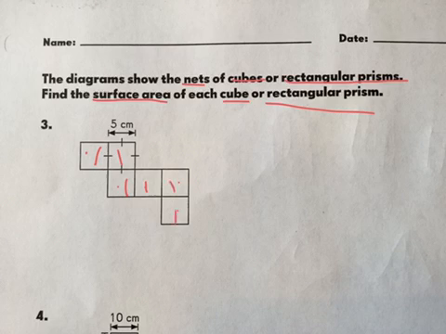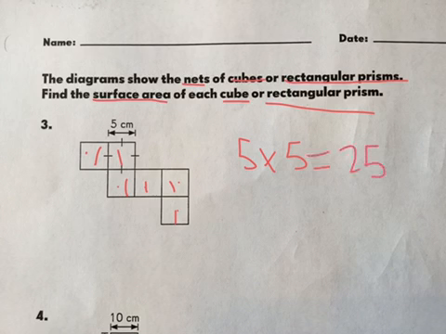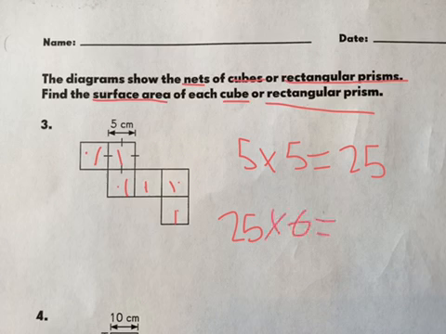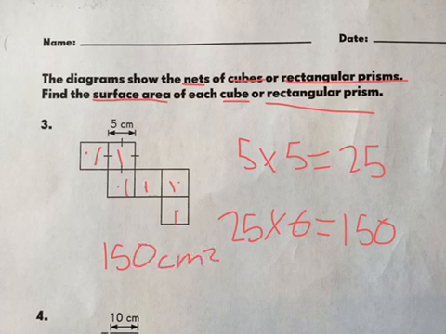Now I'm just going to do 5 times 5, which equals 25. And then we're going to do 25 times 6, which equals 150. So now to put that into a final answer, it would be 150 centimeters squared.